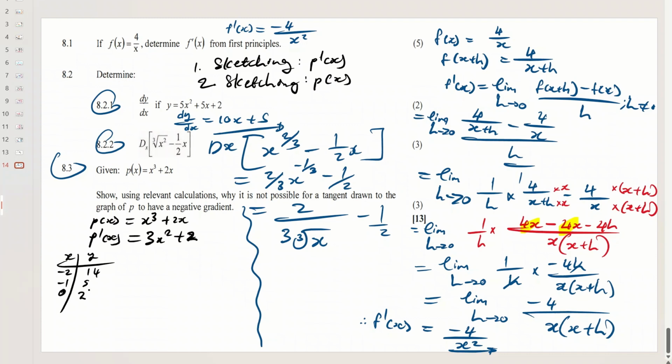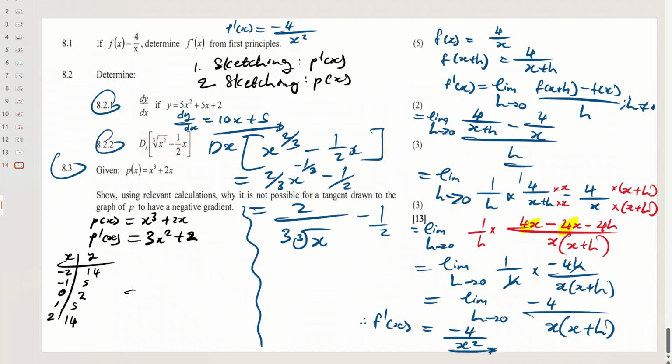Y is 2. When x is positive 1, you'll have a positive 5. When x is positive 2, you'll have a positive 14. You can try it there. Put 2, you'll have something like that.